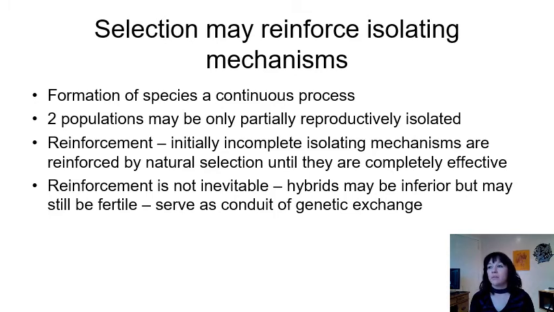So maybe you have a population of birds and a subpopulation becomes a slightly different color, right? The female will mate with that bird male that's a slightly different color, but it's not her preference, right? But over time, because she's not mating with that different colored male, they're not exchanging genetic information. Those two different birds are going to reproduce and their offspring over time are going to become more and more unique until eventually they're so different that they don't want to mate at all and they can't. That is reinforcement.